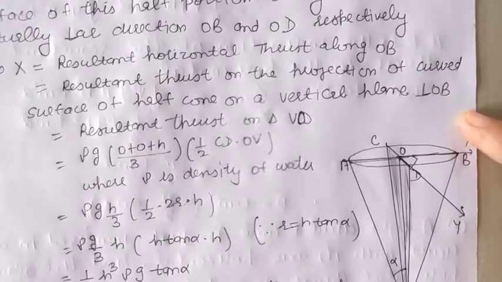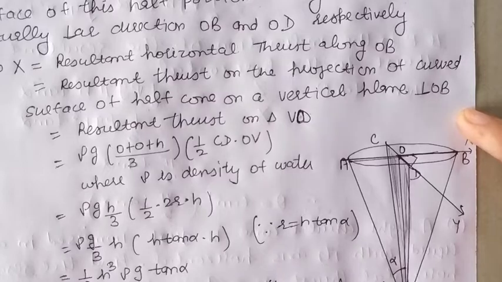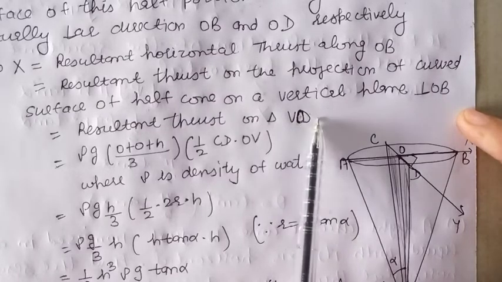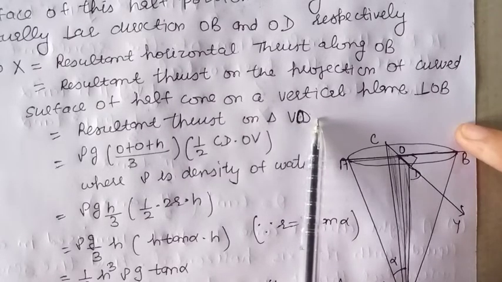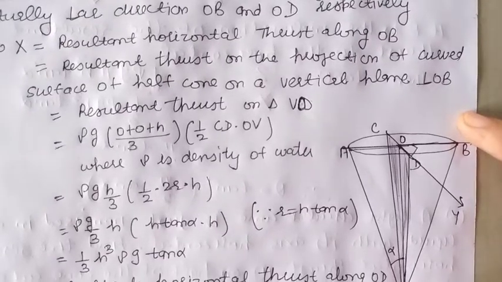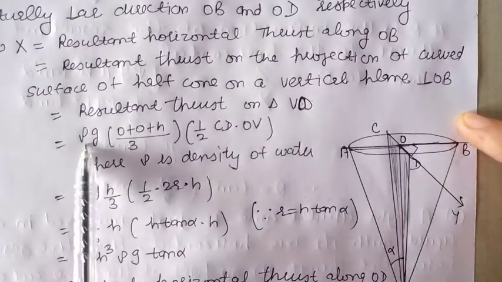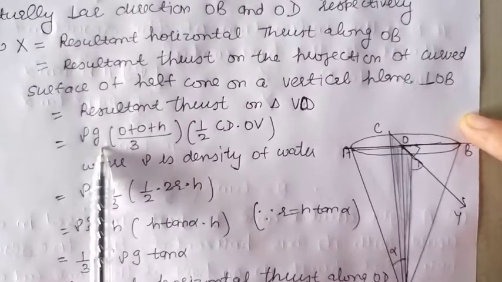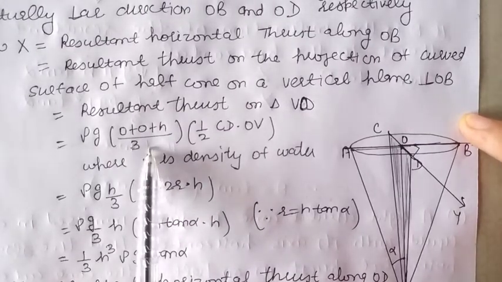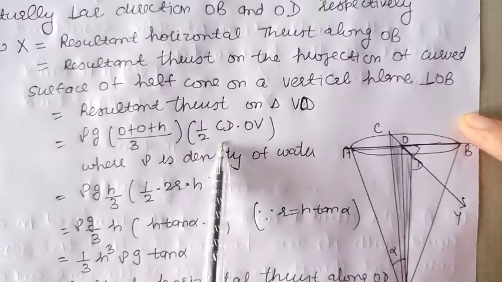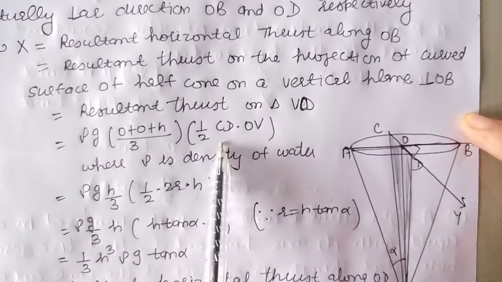It means this is the resultant thrust on the triangle VCT. Now to find the resultant thrust on the triangle VCT, by the formula this is given by rho into g into depth of center of gravity into area of the triangle VCT.